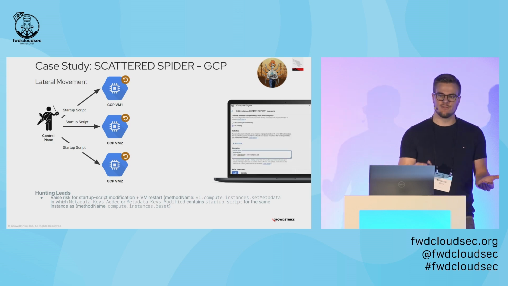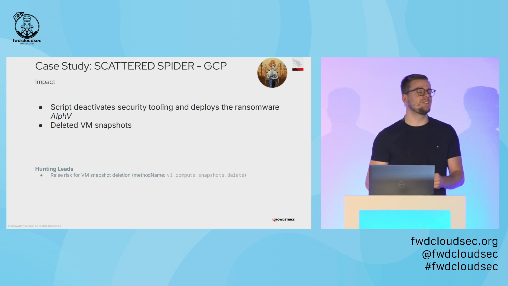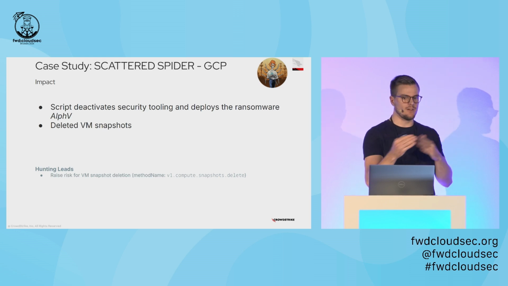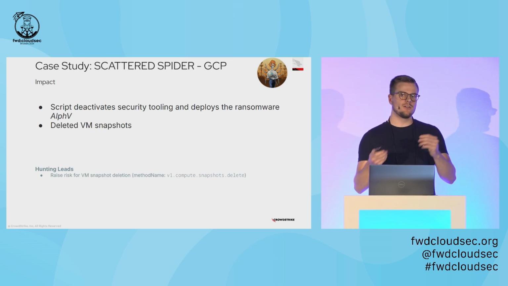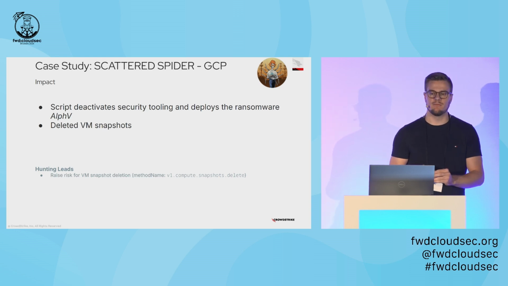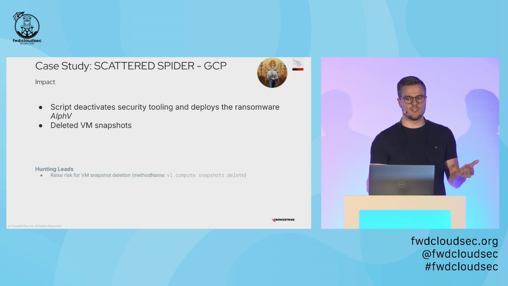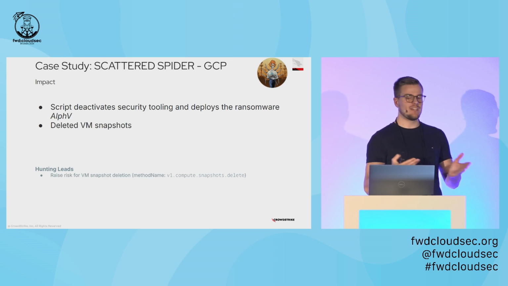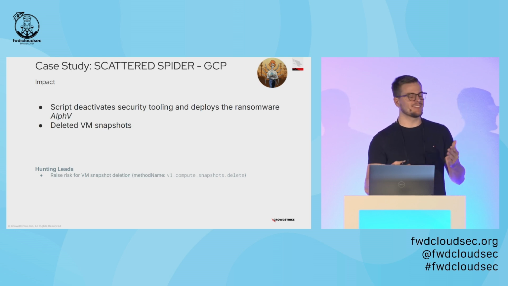The script itself would then deactivate security tooling on the host, download and execute the ransomware ALPHV, which we were still using back at the time. And ultimately, Scattered Spider also deleted GCP VM snapshots to maximize the impact of their ransomware operation. With Scattered Spider having achieved their end goal in this case study, this concludes my talk.